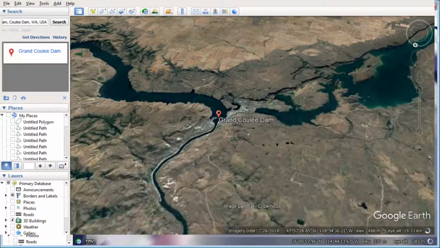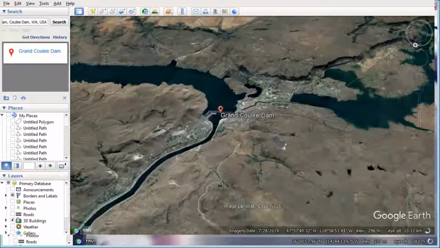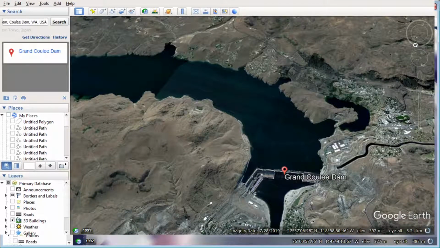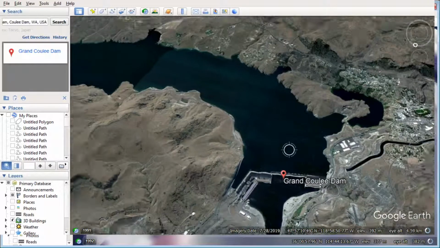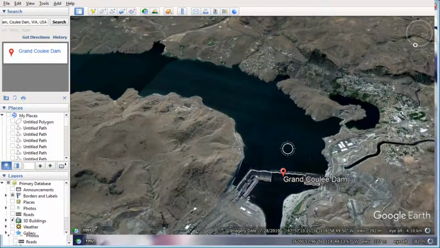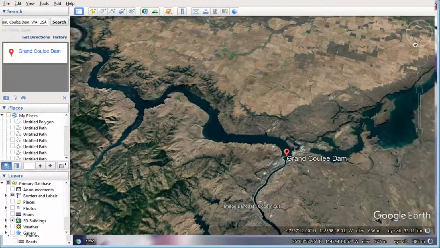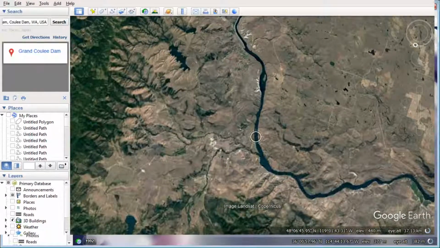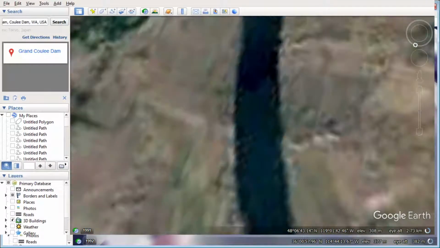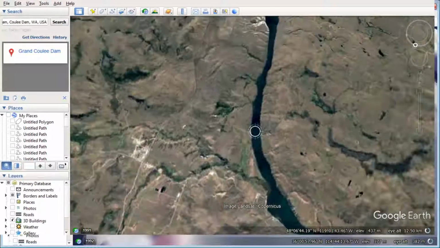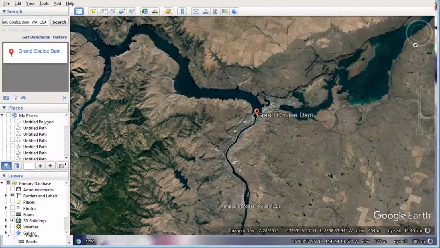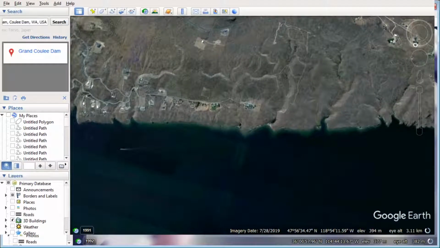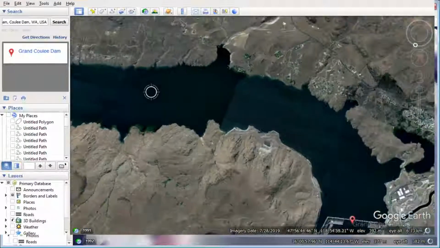This was the river, and after construction of the dam, behind the dam the river water level has risen and created this large reservoir. The actual width of the river before construction of the dam was only this much, but because we have stored lots of water behind the dam, now it has become a large, long lake-like thing.